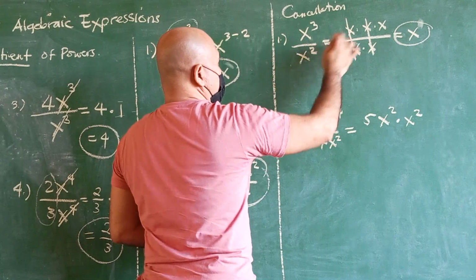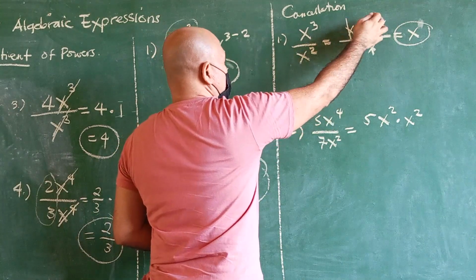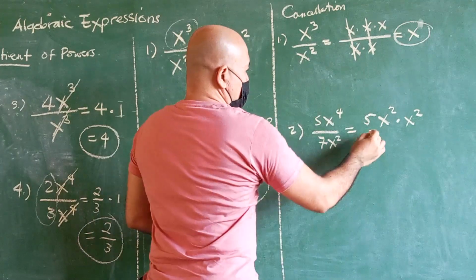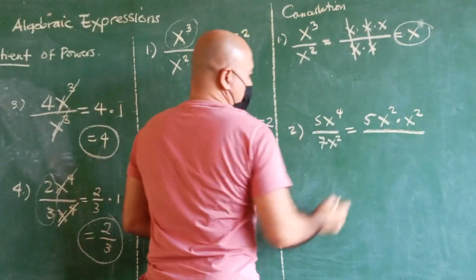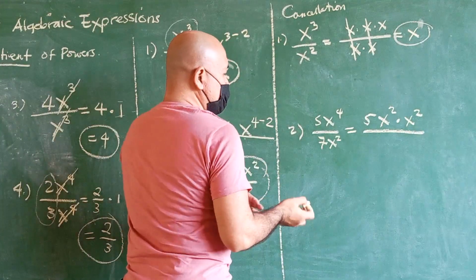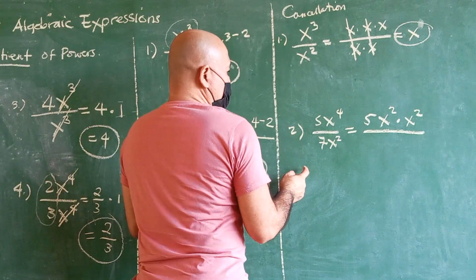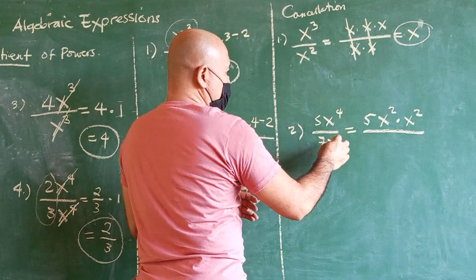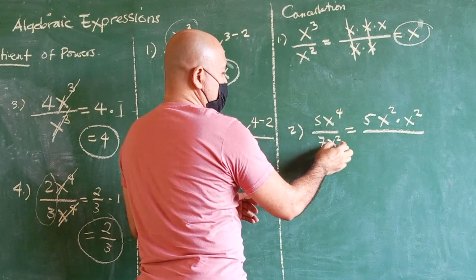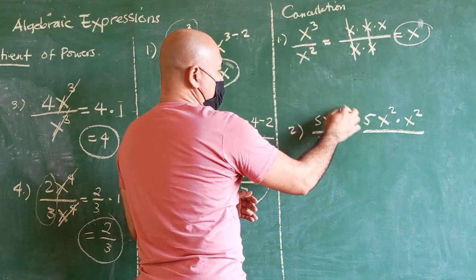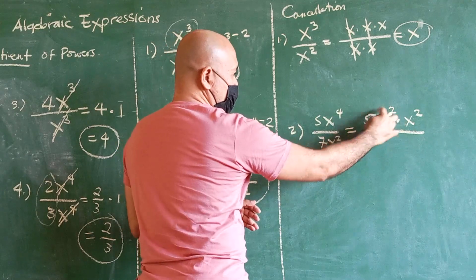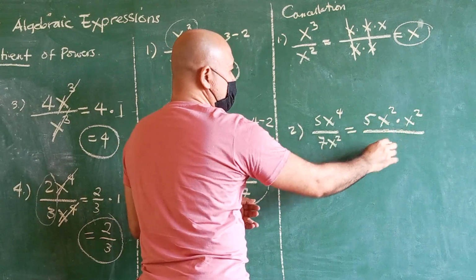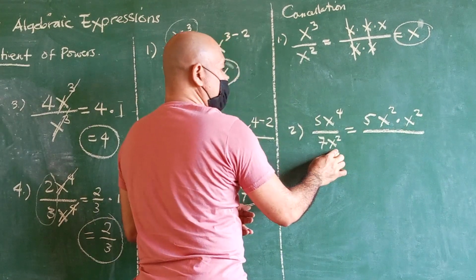You can also do this process by simply breaking the variable that has the bigger exponent, where one of the variables has the same exponent as in the denominator.